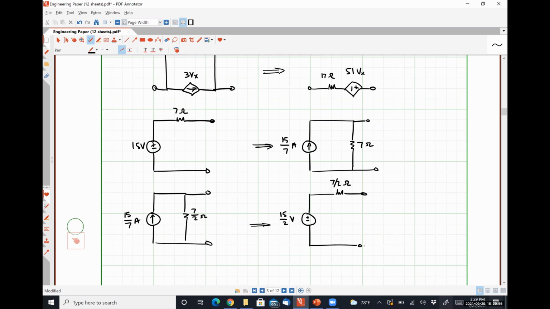If I have two 7 ohm resistors in parallel, they make 7/2, 3.5. Right? If I have two identical resistors in parallel, the equivalent resistance is just half the resistor value.